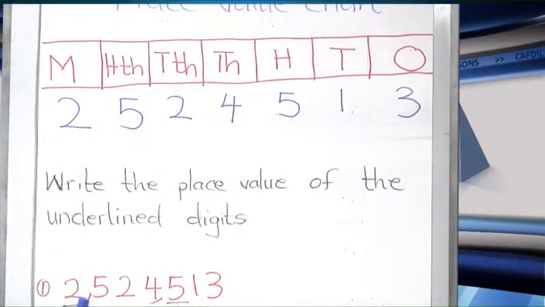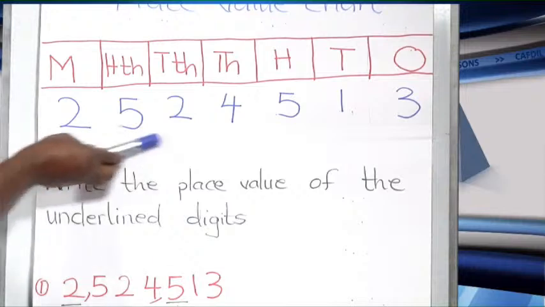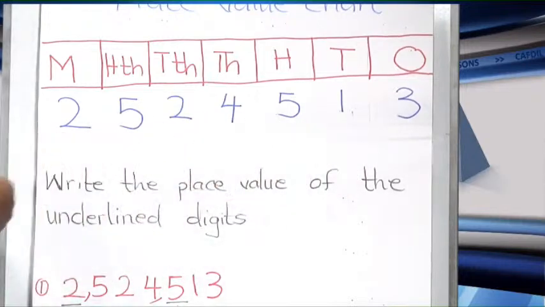Each of the digits here has a place. If we start from here, we're going to have a different number. So when you are representing numbers on the place value chart, you have to start from the extreme right of the number. That is what we have done over here.